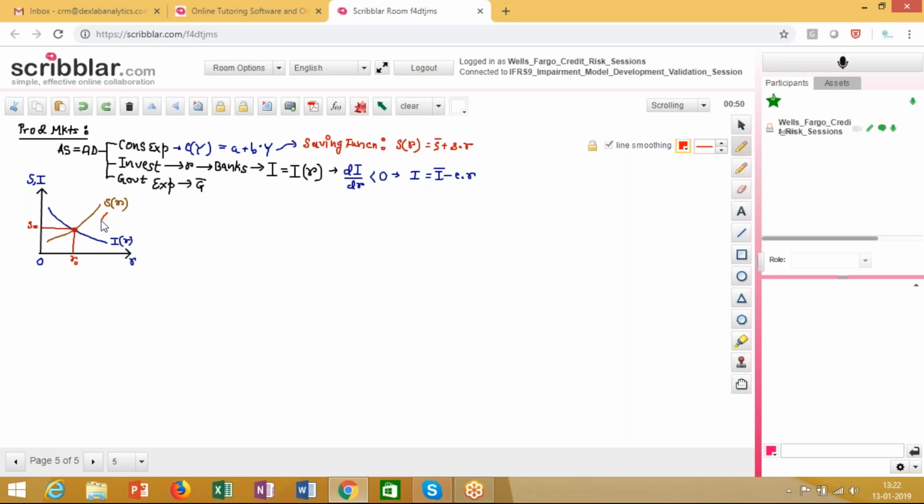This is S(R) dashed. Now when the economy's savings increases, you can see something else. Now this is where your rate of interest has increased. This is R1.